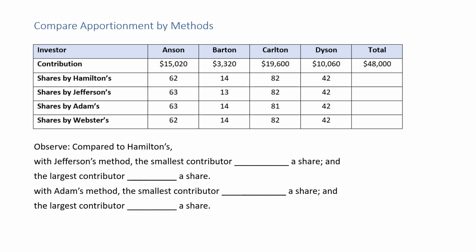We observe that compared to Hamilton's, with Jefferson's method, the smallest contributor loses a share and the largest contributor gains a share. With Adams' method, the smallest contributor gains a share and the largest contributor loses a share. Here's something for you to think about.